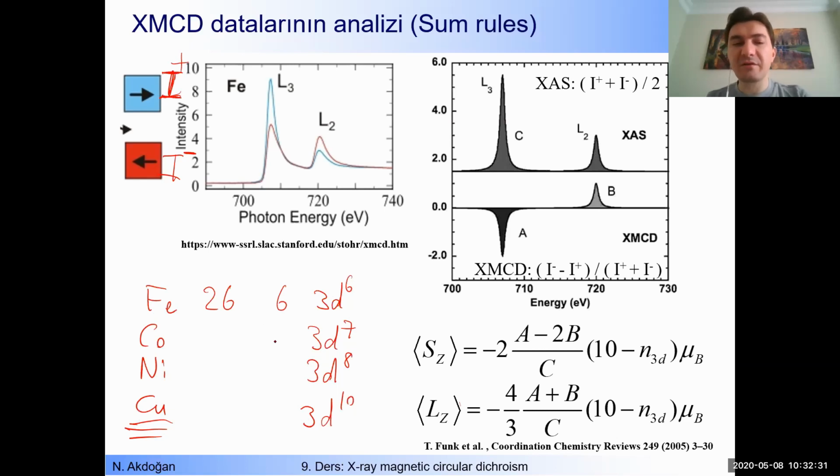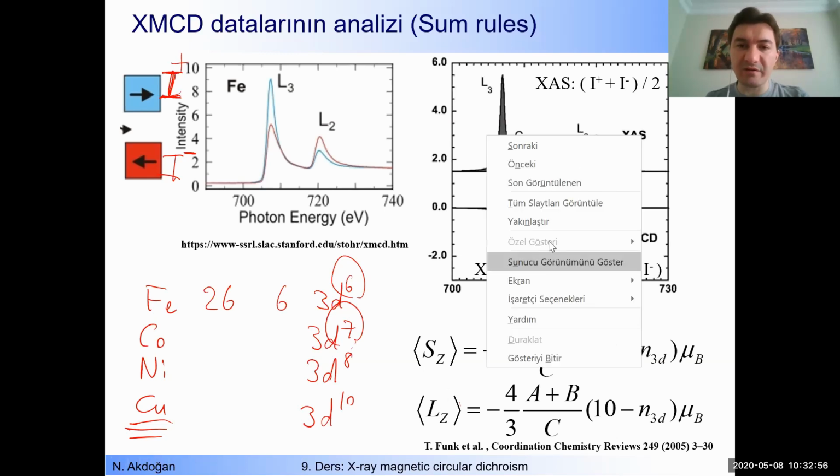So for the iron, just put 6 here. For the cobalt, just put 7 here. For the nickel, you can put 8 here. Also same for this case. Okay. So this is how we calculate the spin and orbital magnetic moments.